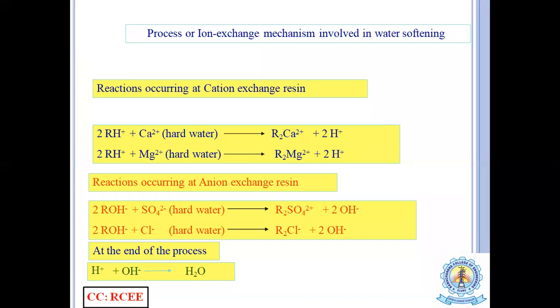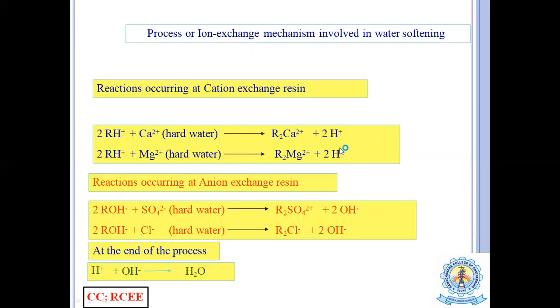We can observe this in a schematic way or reaction way. You take 2RH plus, which is the cation exchanger, plus calcium, that is, the calcium ion present in the hard water, and we replace these calcium ions by H plus ions. For example, here you can observe R2Ca 2 plus plus 2H plus. Likewise for magnesium ions.